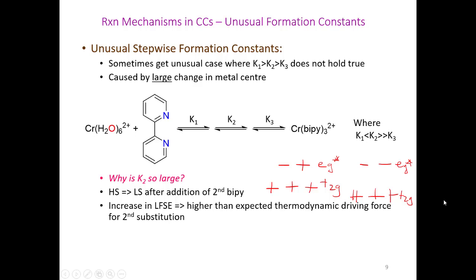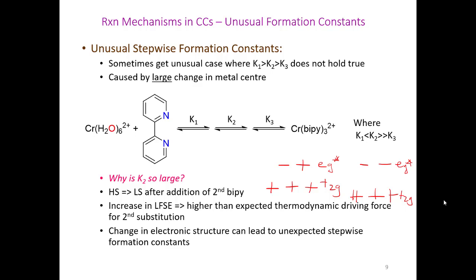And you get an unexpected thermodynamic driving force for that second ligand substitution, where the chromium goes from high spin to low spin. So this large change in electronic structure is what leads to the unexpected stepwise formation constant because it gives an extra thermodynamic driving force for that substitution to occur.